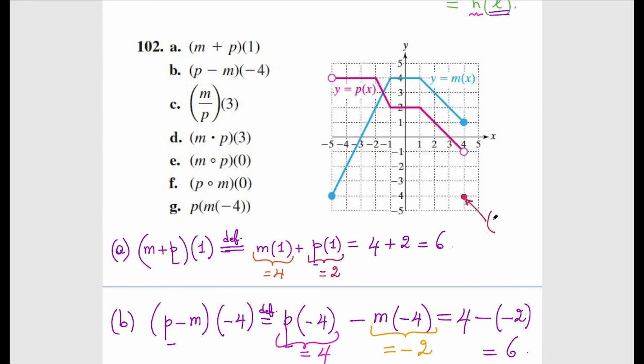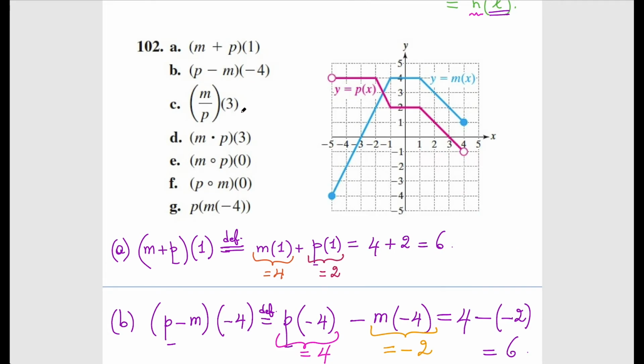As such, its coordinates are going to be 4 comma p of 4, right? And according to the graph, this guy now is how much? Negative 4. So in this hypothetical situation, the p of 4 would have been minus 4. But this is just a situation I created. This is not part of the problem. So let's erase it.